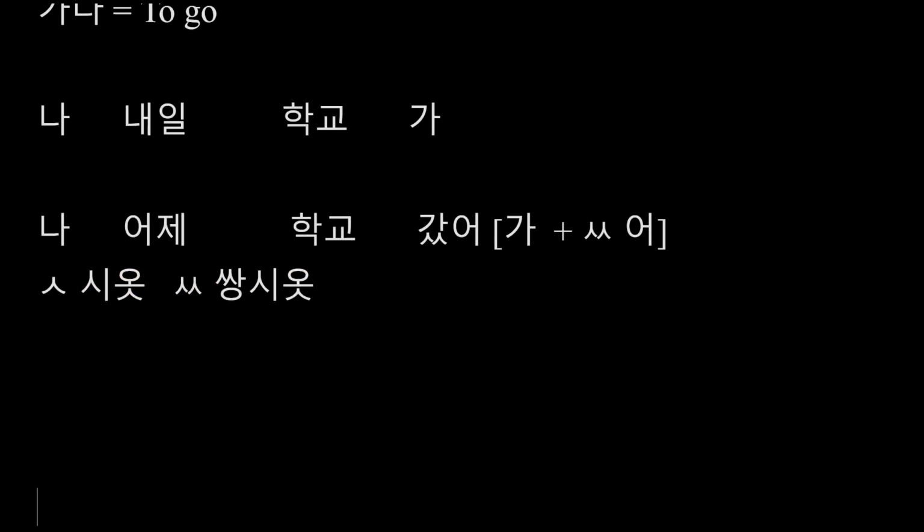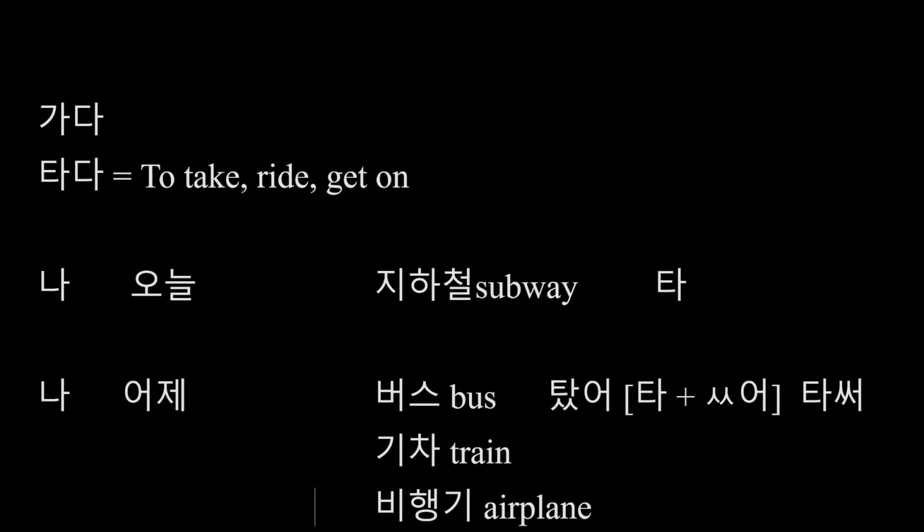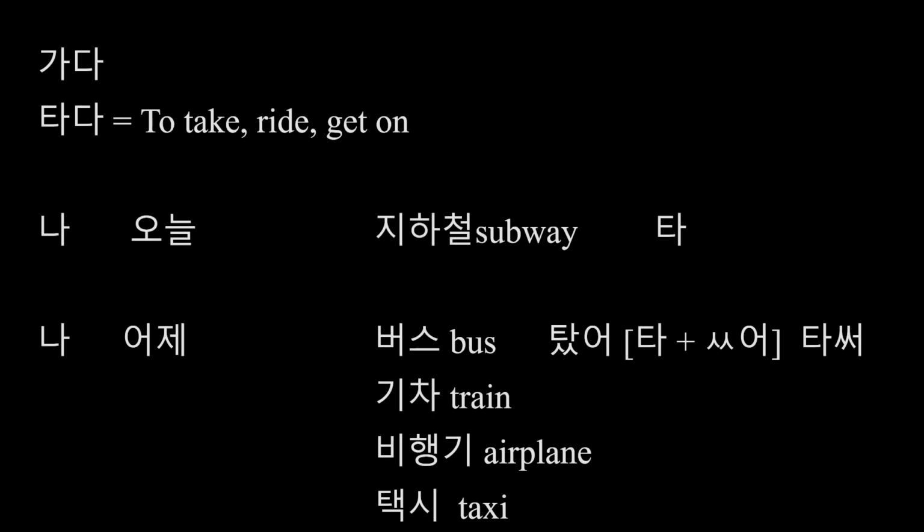And now let's see some other example. Here we have a new word, 타다. Okay, it means to take, to ride, to get on some means of transportation. As we see here, we have subway, 지하철 in Korean. By the way, this 지하 means underground.